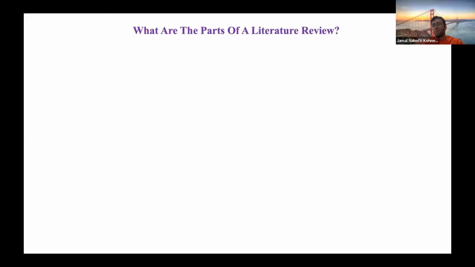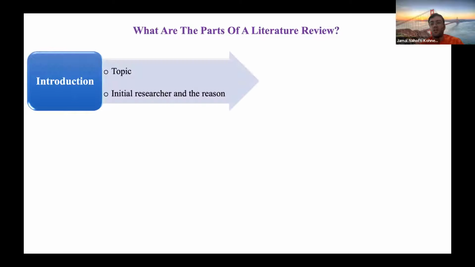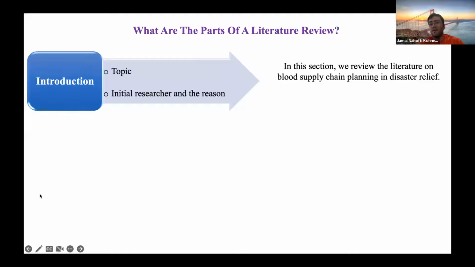So there are different parts in a literature review. There are three parts actually. The first part is the introduction, which includes two main subparts. The first one is the topic, where you need to explain your topic in a sentence.